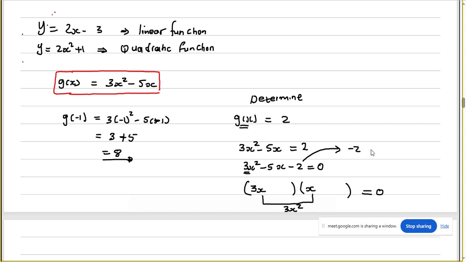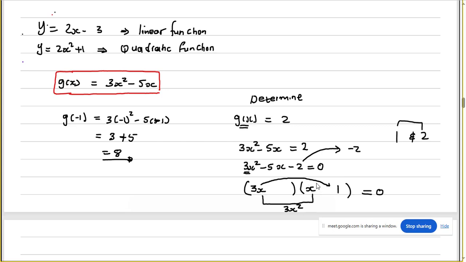And the factors of 2 are just 1 and 2. So between these two factors, you need to choose where you are going to put the 1 and where you are going to put the 2. For example, let's say that we choose to put 1 this side, and then you're going to take the 3x, you multiply that with 1. What do you get?